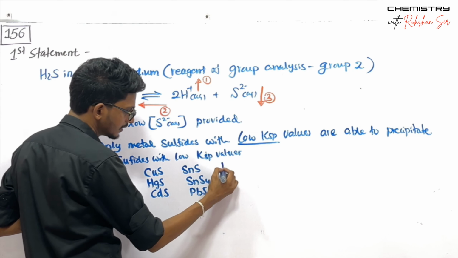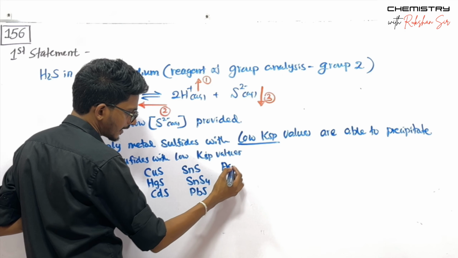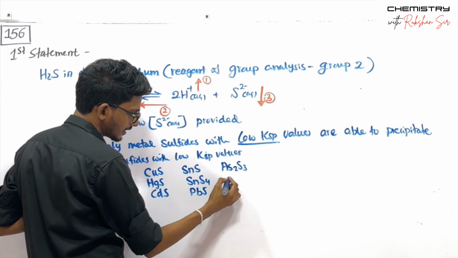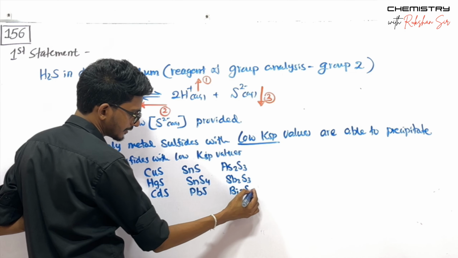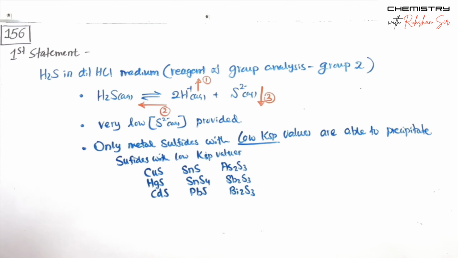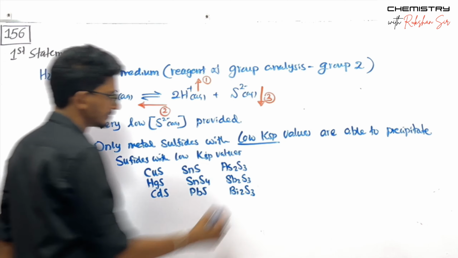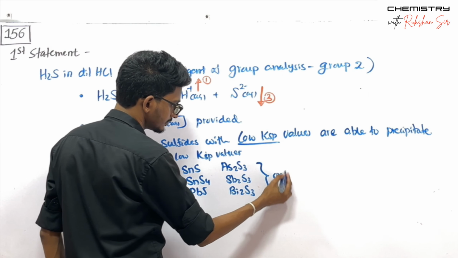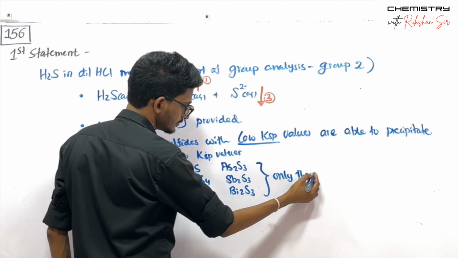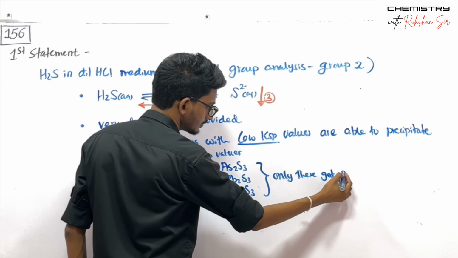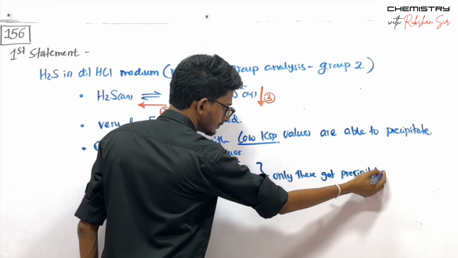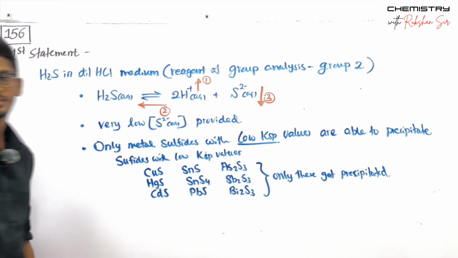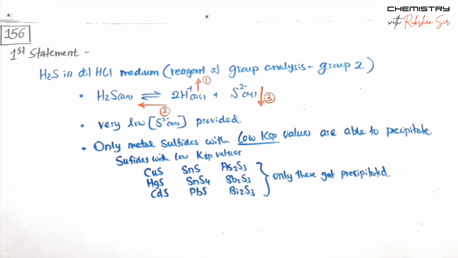On group 15, arsenic sulfide, antimony sulfide, bismuth sulfide. Only these get precipitated, but not the nickel sulfide.